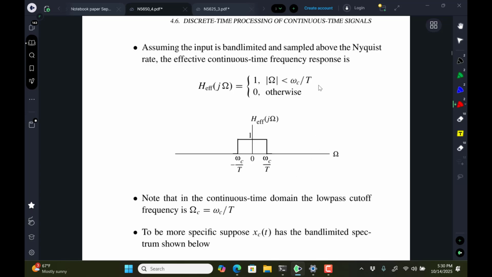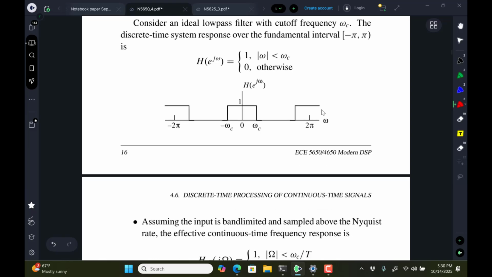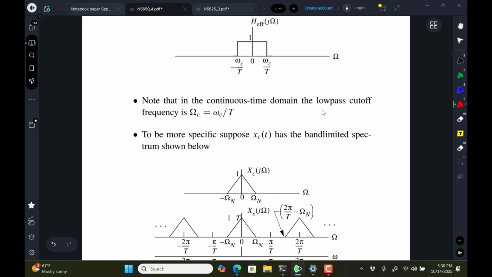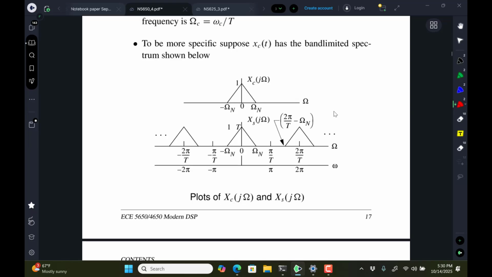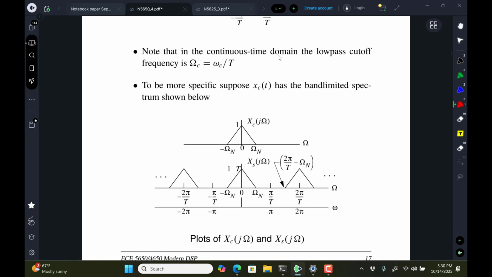It goes out to omega c also. So nothing is going to happen that's going to surprise us in any way. The input cuts off at omega c over T, and the low-pass filter cuts off at omega c over T.